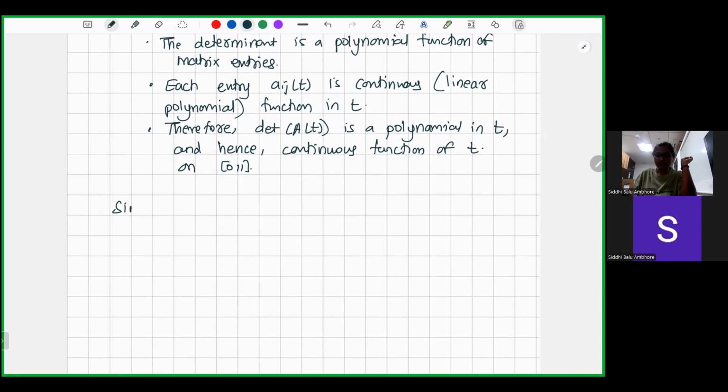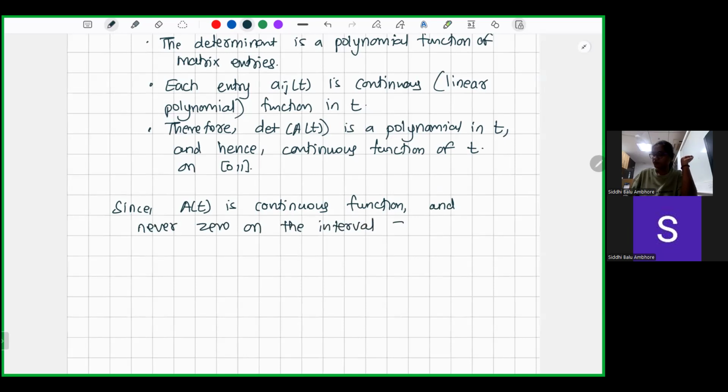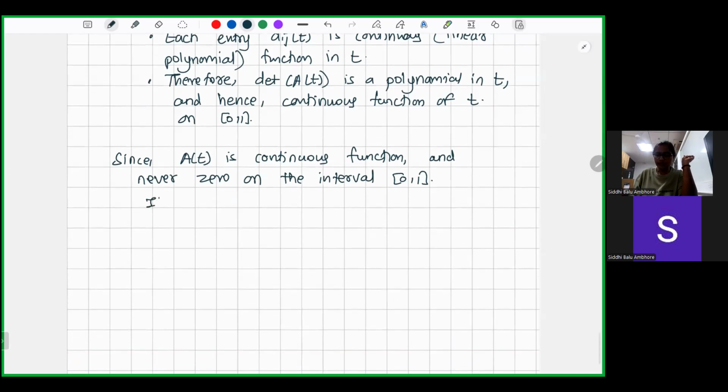So since the determinant of A(t) is now a continuous function and is never zero on the interval [0, 1], it must have constant sign throughout.